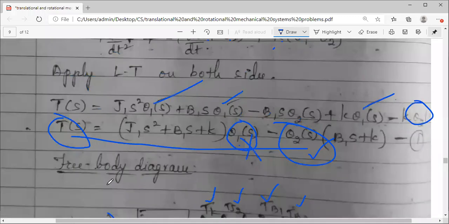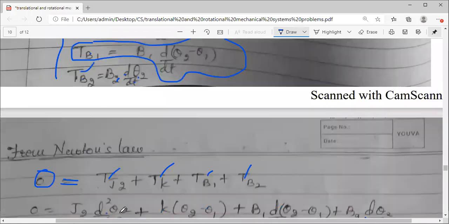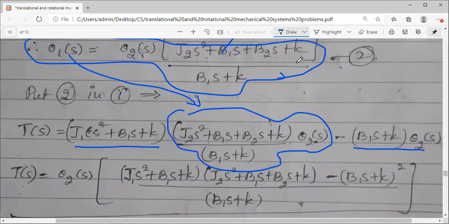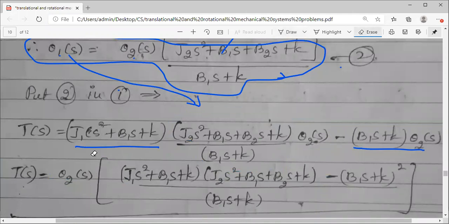Let me show you quickly. See, for theta 1 I have substituted this value, this bracket term and this term are as it is. Substituting it in equation 1, I will get this. Now if you see, in this equation, I want the ratio of theta 2 by T. How can I get theta 2 by T?